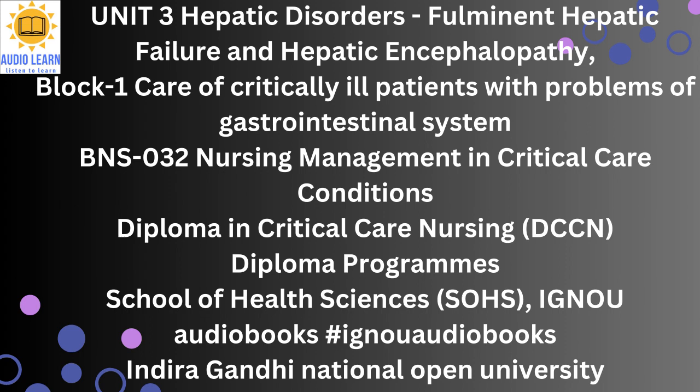Stage 3: marked confusion, incoherent speech, sleeping but arousable, gross disorientation, asterixis present, and abnormal EEG. Stage 4: coma, initially responsive to noxious stimuli, later unresponsive, asterixis absent, and abnormal EEG, decerebrate posturing.